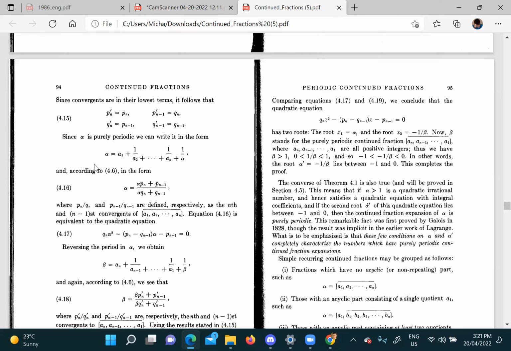What is to be emphasized is that these few conditions on alpha and alpha prime completely characterize the numbers which have purely periodic continued fractions. So these, I guess, are what's called reduced quadratic irrationals. I swear if you made an exam testing people to remember the definitions, they wouldn't be able to do it, like the non-maths people. So alpha prime is the other root, and it's negative.